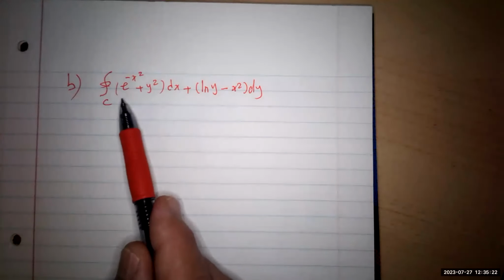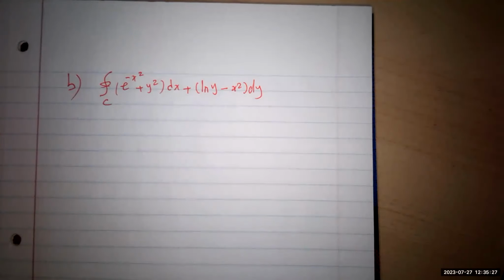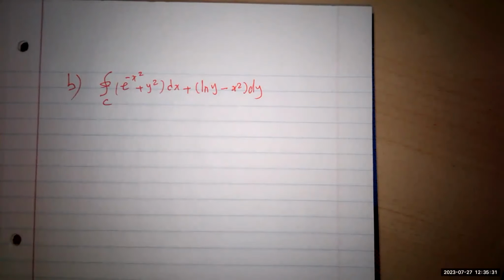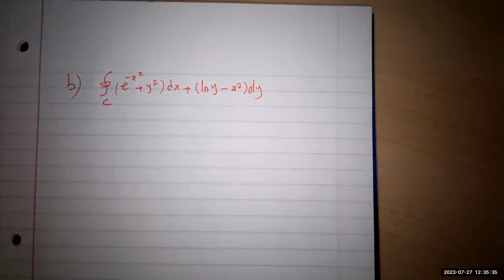You'll be in trouble to find the integral of e to the negative x squared dx. It's impossible. You cannot find it. You know that's a normal distribution curve, if you like. When you want to find the integral, you can only estimate it. So the direct method is almost impossible for this one, but Green's theorem is available.